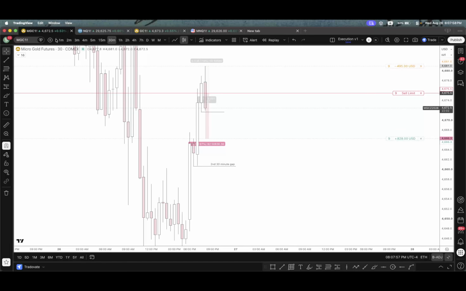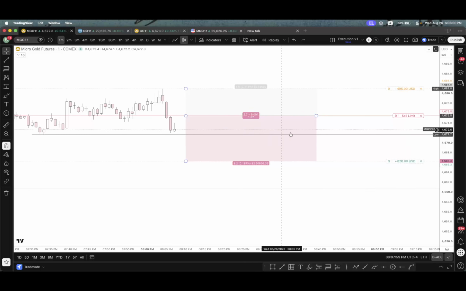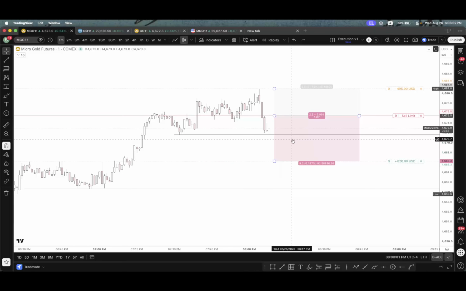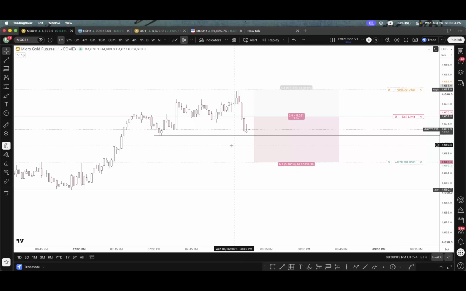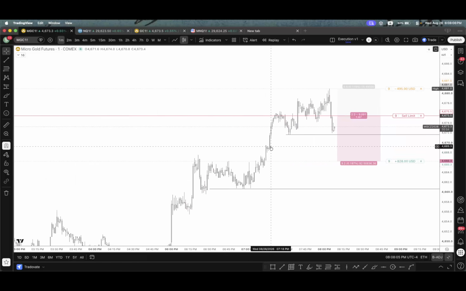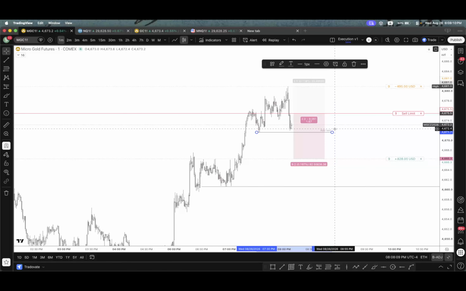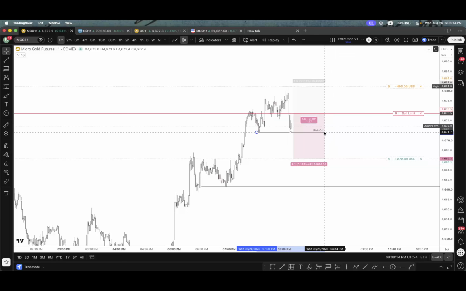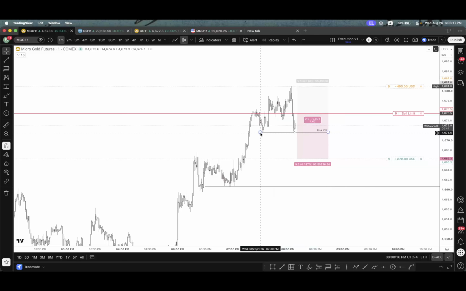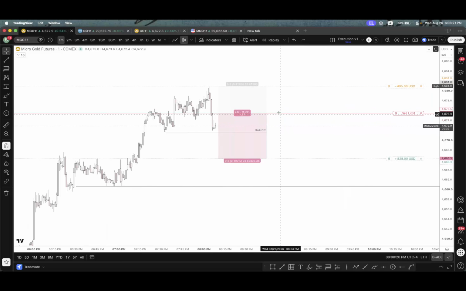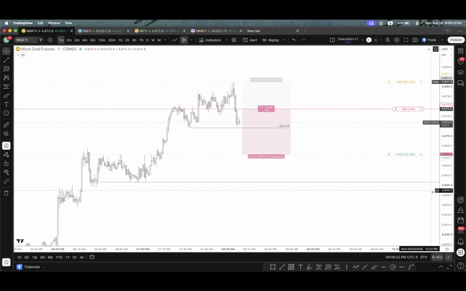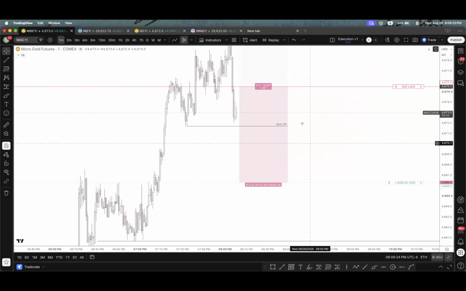Wait, are we even getting the fill? Yeah, I'm probably going to go break even right here. Risk off. All right, so we're not in the trade just yet because we're still waiting for the limit order to get filled. But once it does, we should be in the trade.